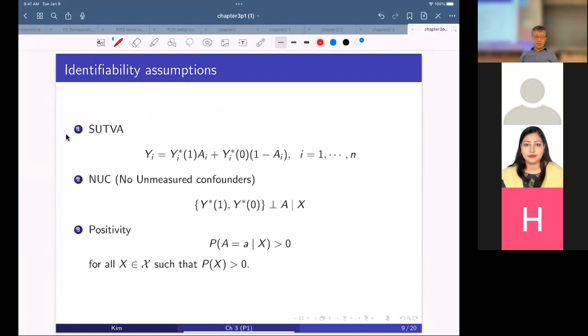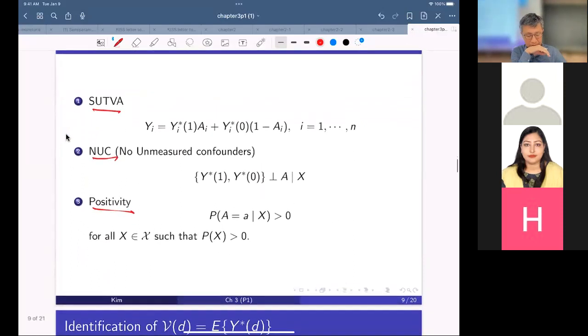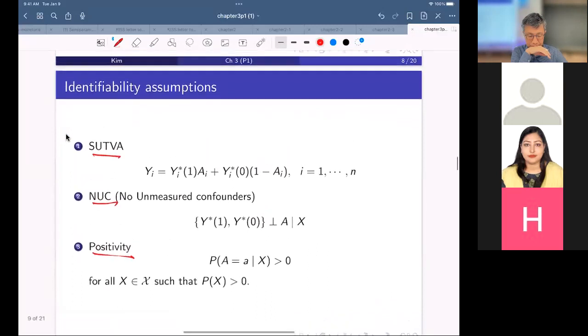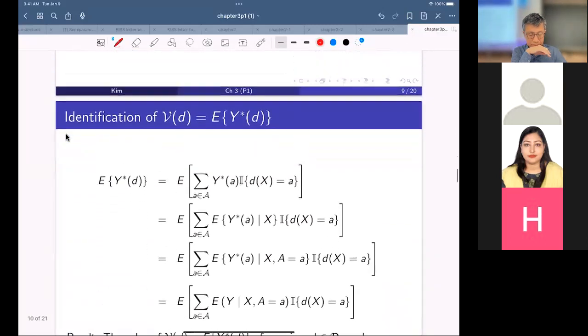So we need to use some identifiability assumptions, and the assumptions that we're going to use are the same three fundamental assumptions.